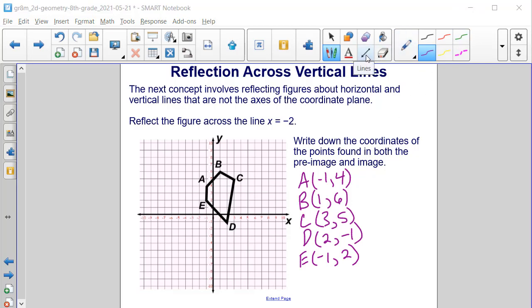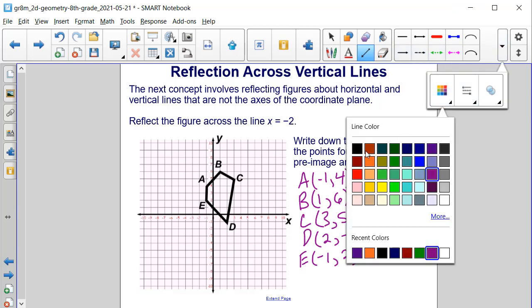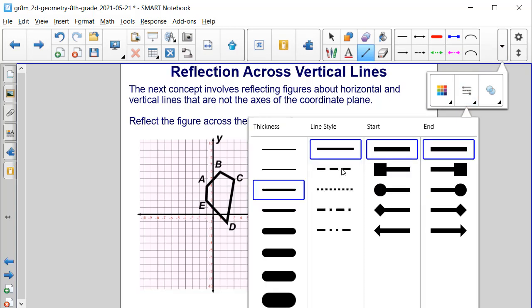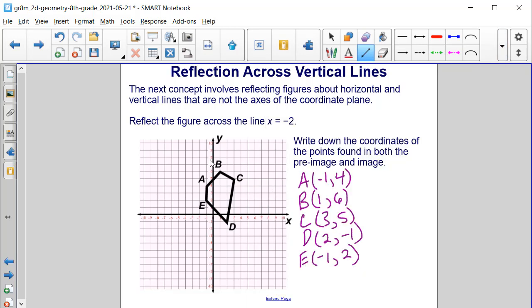Now let's work on reflecting these points about the line x equals -2. Okay, so x equals -2 is going to be this line right here. So here's our line of reflection.